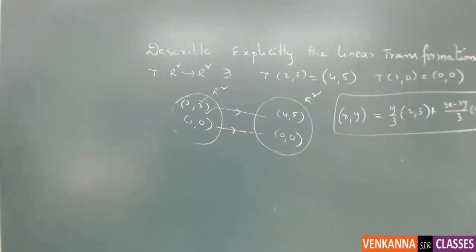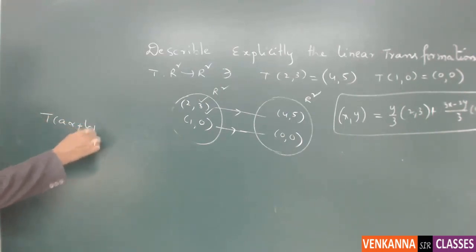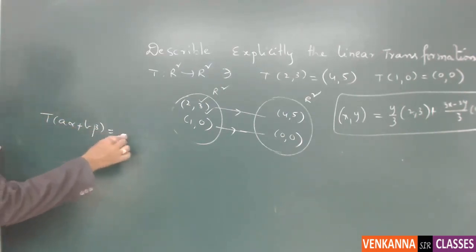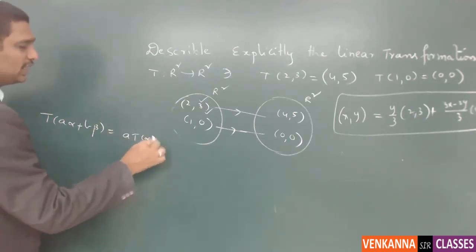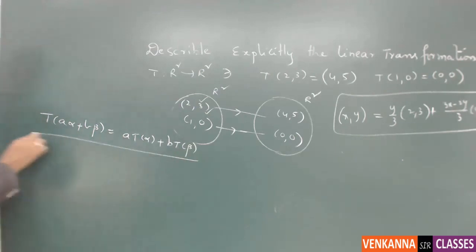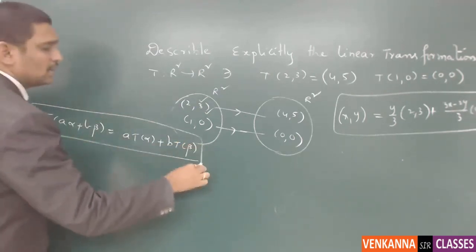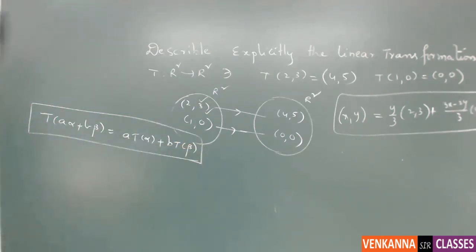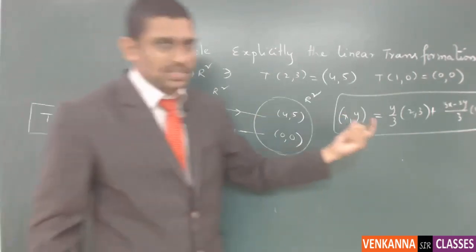Now you are defining a transformation. Please understand, the condition of transformation is T of (A alpha plus B beta) is equal to A into T of alpha plus B into T of beta. This is the linear property. So by assuming this condition, I deduce a relation for T. So this is the equation I got.